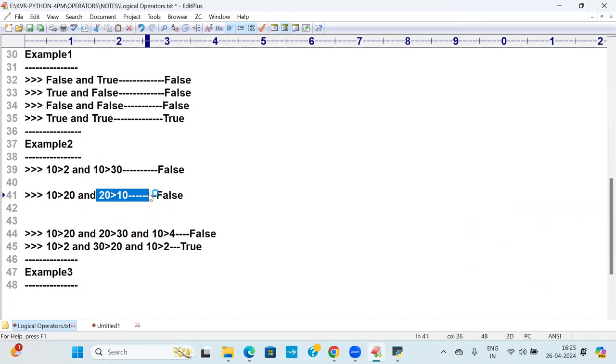The total result of the logical expression will become false. That mechanism is known as short circuit evaluation. Short circuit evaluation, spell out once.